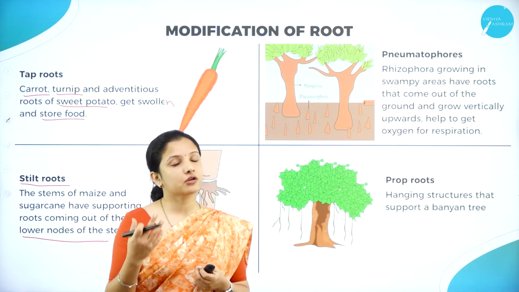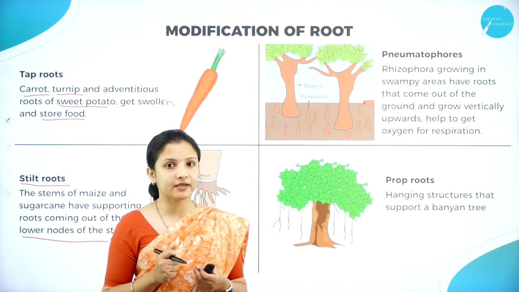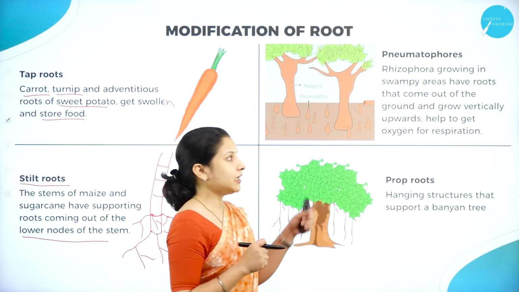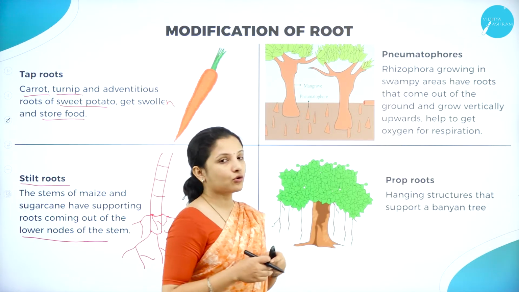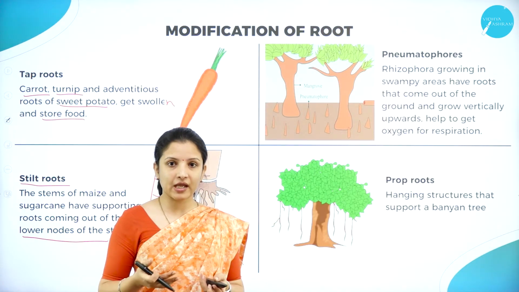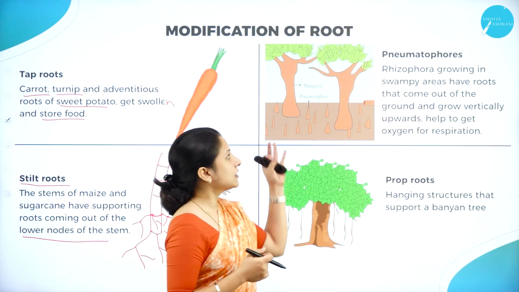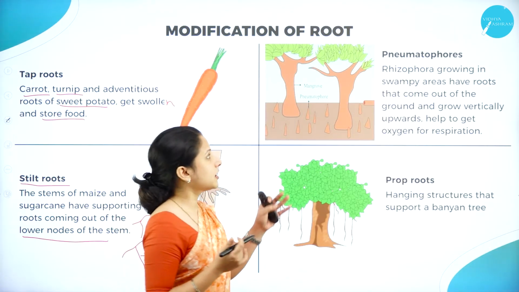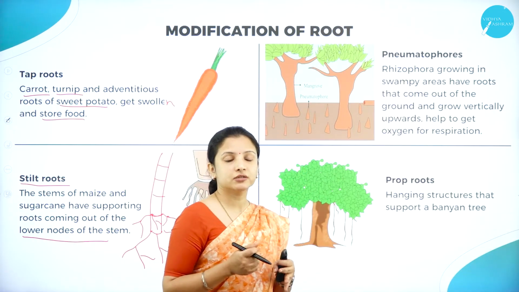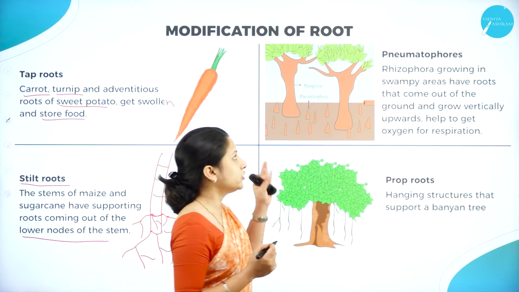Therefore, the seeds will not germinate and a new plant will not arise. So in order to avoid this problem, plants growing in mangroves, that is swampy or marshy areas, have a modification in order to propagate. They have developed a structure called pneumatophores.